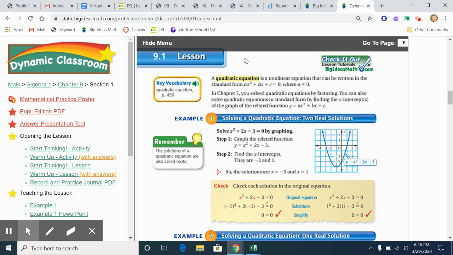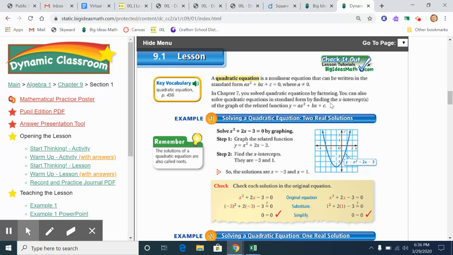Okay, so it says a quadratic equation is a nonlinear equation that can be written in the standard form ax squared plus bx plus c equals 0, where a is not 0. So basically it's saying the number in front of x squared is not 0. All right. And if we read this, it says in chapter 7, you technically solved quadratic equations by factoring.